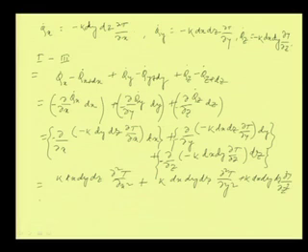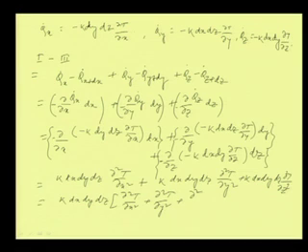That means we can write it as k dx dy dz into del square T by del x square plus del square T by del y square plus del square T by del z square, and this is equal to term 1 minus term 3.